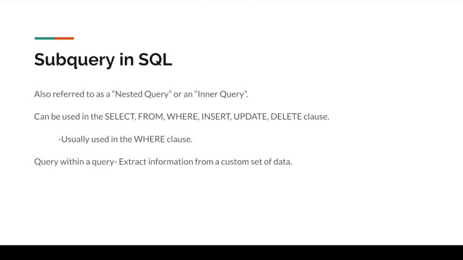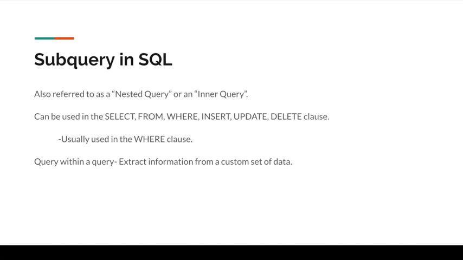So a subquery in SQL can also be referred to as a nested query or an inner query. To me, the nested query makes the most sense just because of how it needs to be within a set of parentheses. Inner query also works. It can be used in the select, from, where, insert, update, delete clause. But usually you see it right after the where clause.